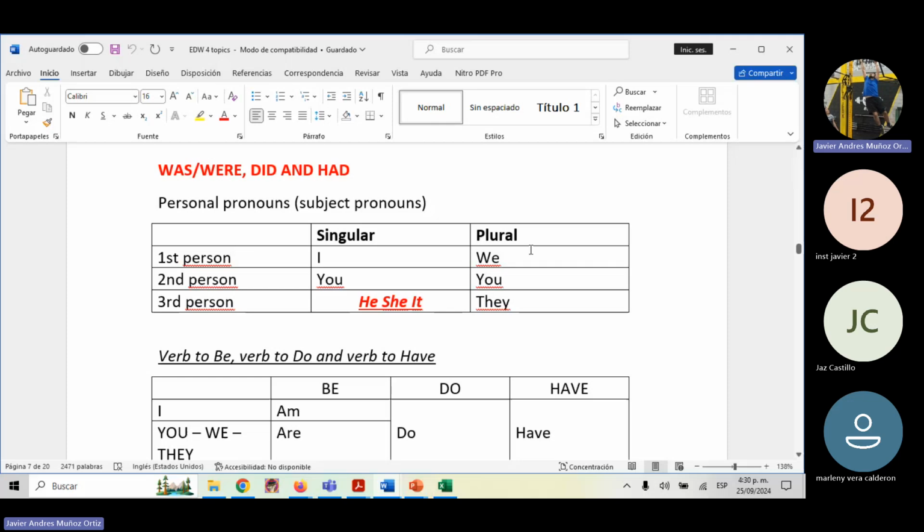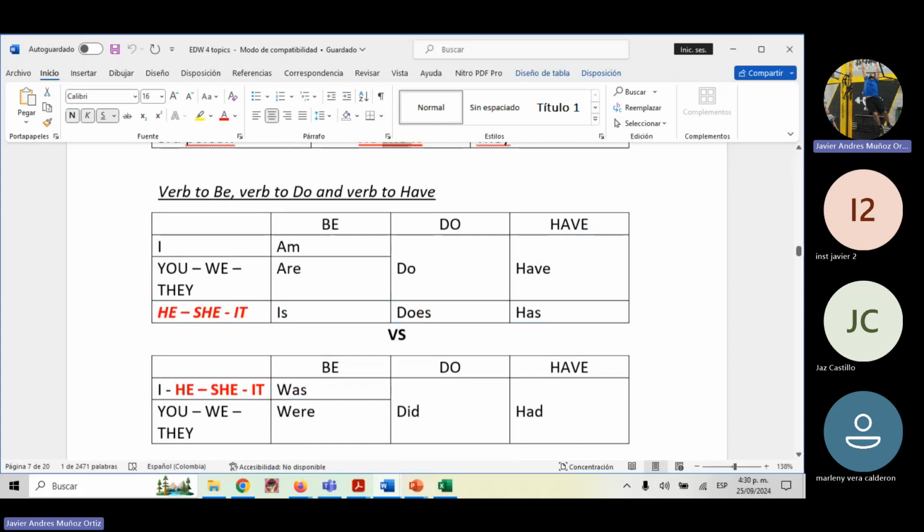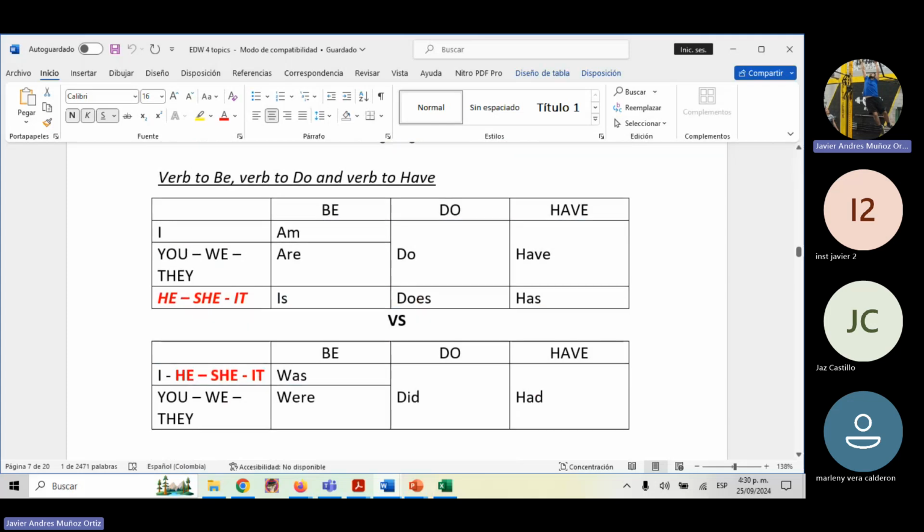So instead of saying Marcos and I, we could say we. Instead of saying Mariana, we could say she, and so on. The three most important activities they are going to perform are the verb to be, ser, estar, to do, hacer, and to have, tener.